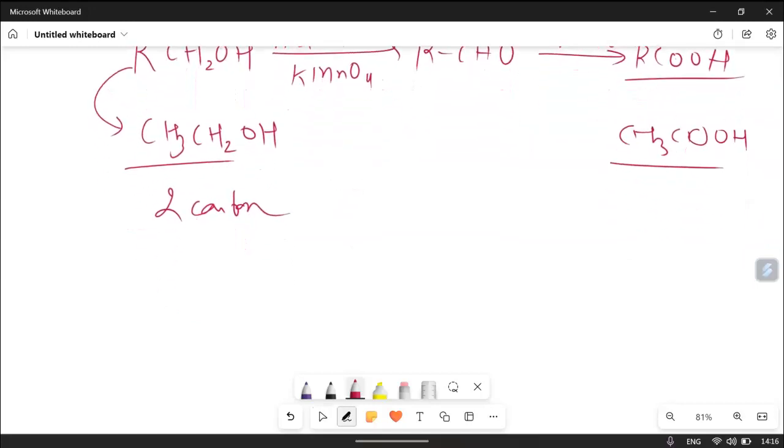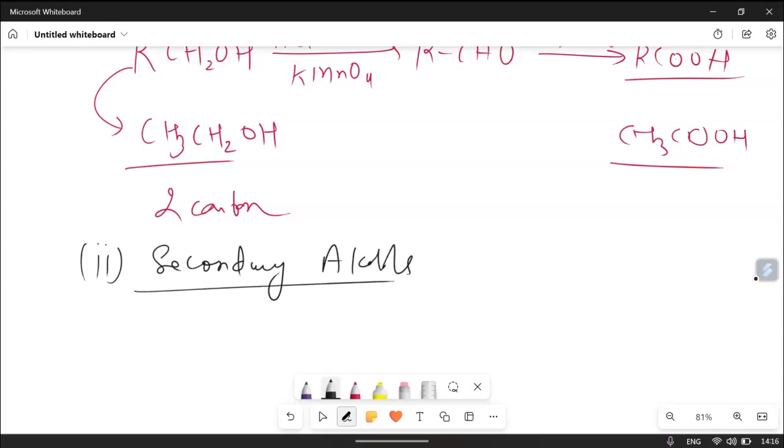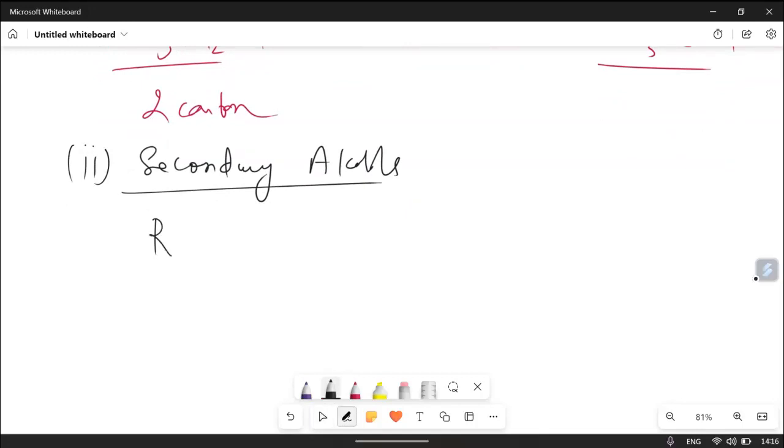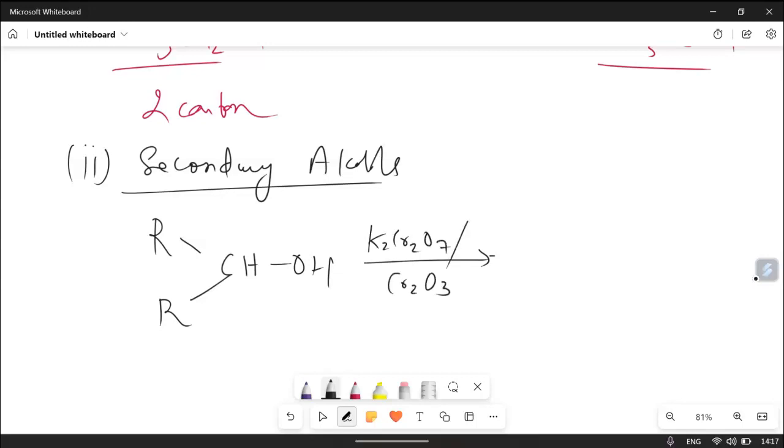Okay. In secondary alcohol, when we are talking about secondary alcohols, the product will be ketone. Suppose this is your secondary alcohol, treated with K2Cr2O7 or Cr2O3, or you can use other strong oxidizing agents like HNO3.